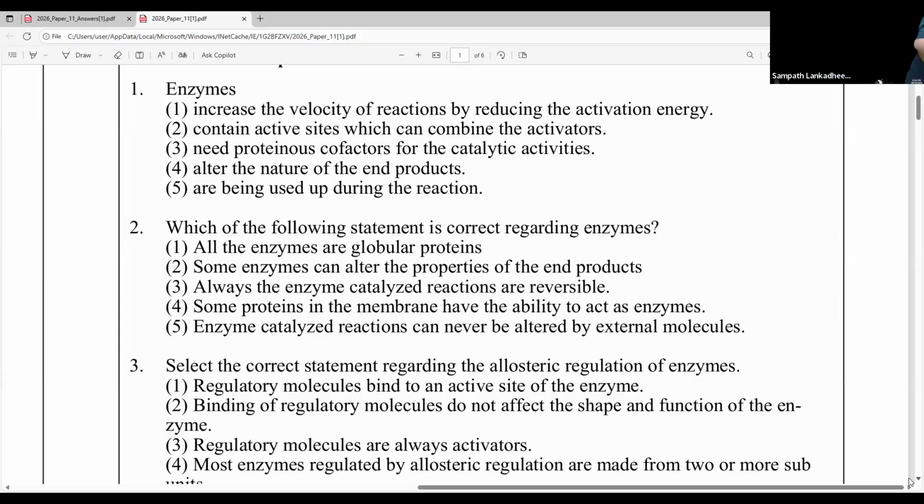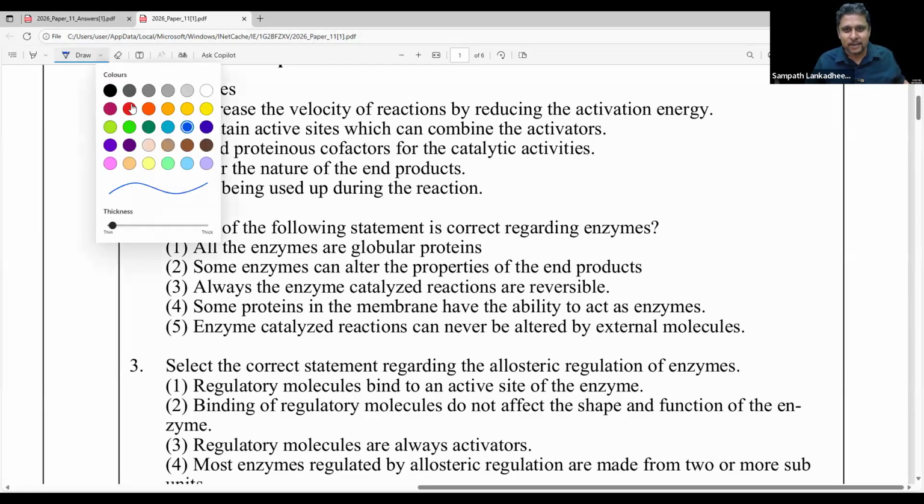The questions come from the enzyme lesson and then the plant life cycle. So, the first question is regarding enzymes.